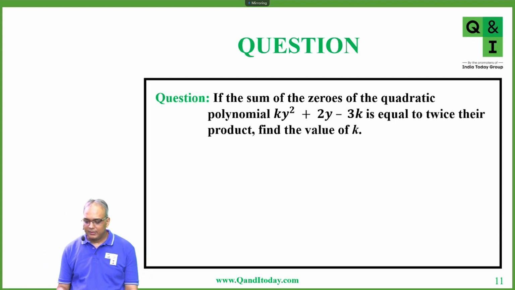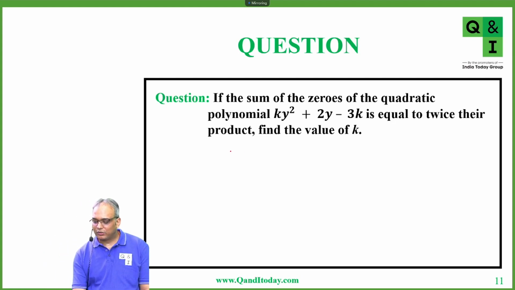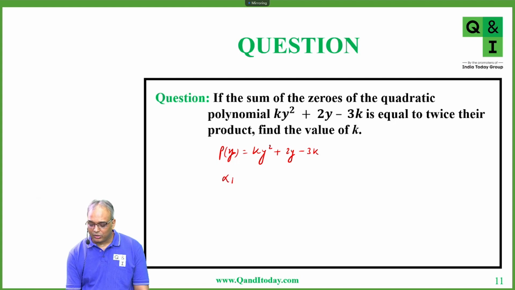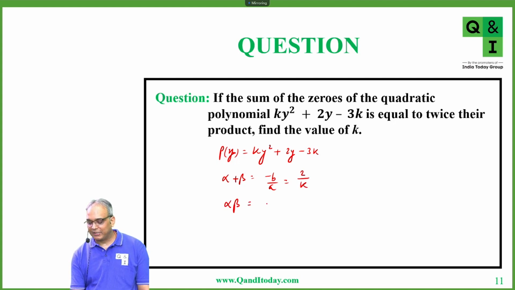So it is, if the sum of the zeros of the quadratic polynomial, so we have this polynomial p(y) is equal to ky square plus 2y minus 3k. Now the sum of zeros, that is alpha plus beta, minus b by a, that is 2 by k. Product of zeros alpha beta is c by a, minus 3k over k, which is minus 3.